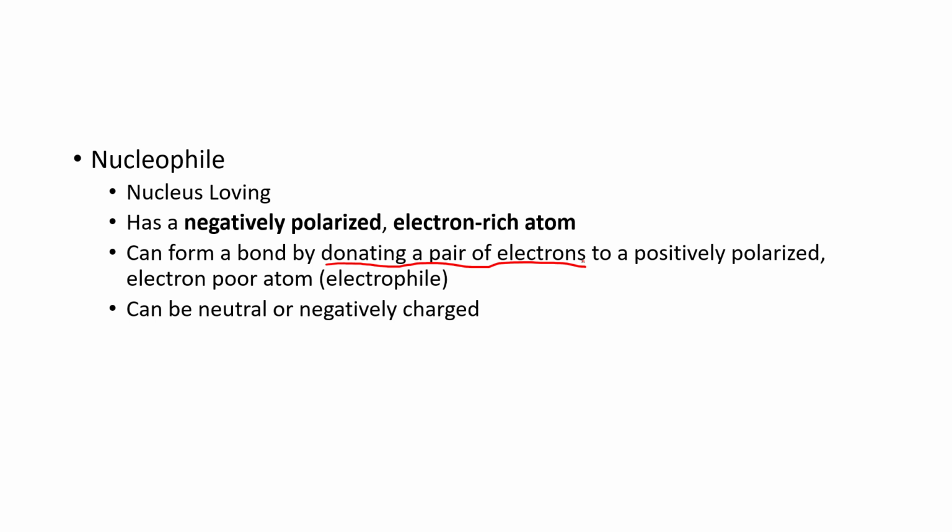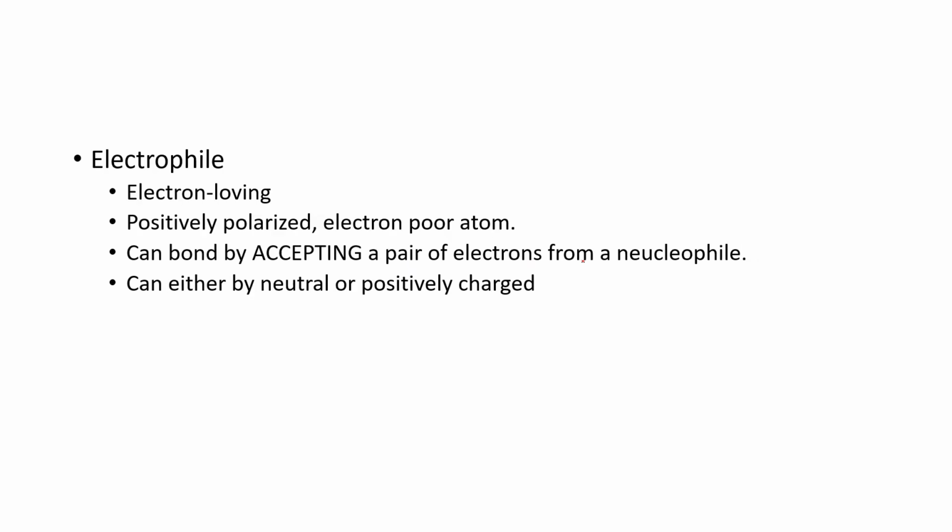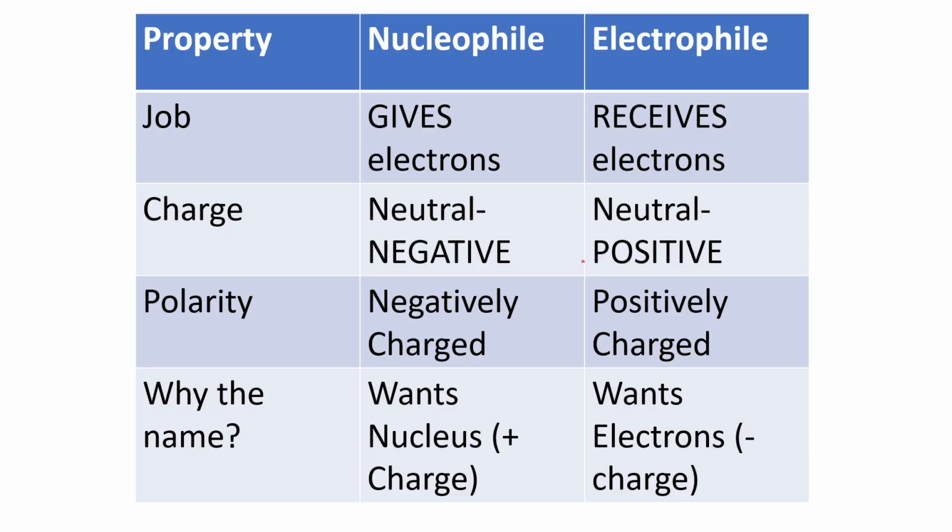It could be neutral or negatively charged. Don't worry, I summarized this in a table. An electrophile is an electron-loving, positively polarized, electron-poor atom. It can bond by accepting a pair of electrons from a nucleophile and can either be neutral or positively charged. So this is the summary of a nucleophile and an electrophile.